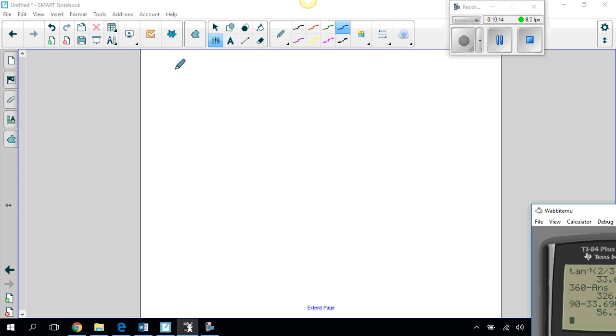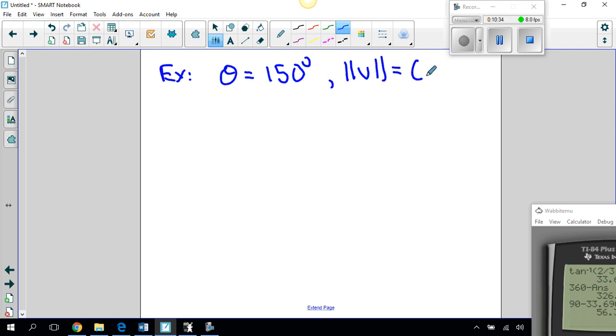Oh, this is really cool. So you've got some vector, and for example, I give you theta is 150, and I give you the magnitude of V is 6.